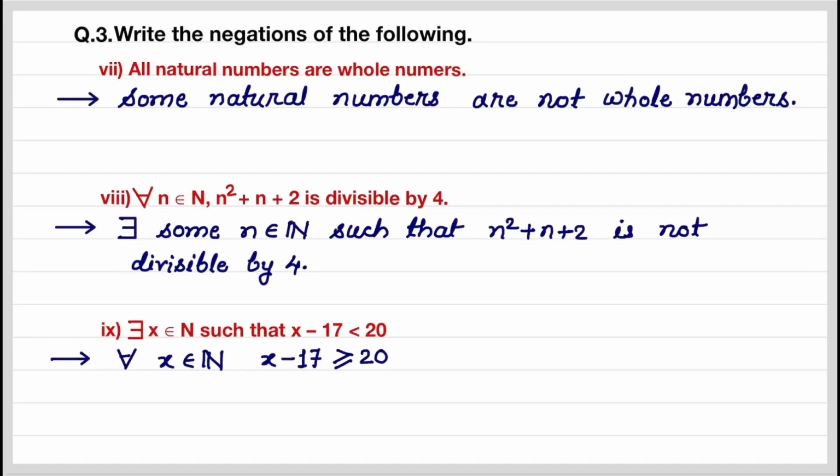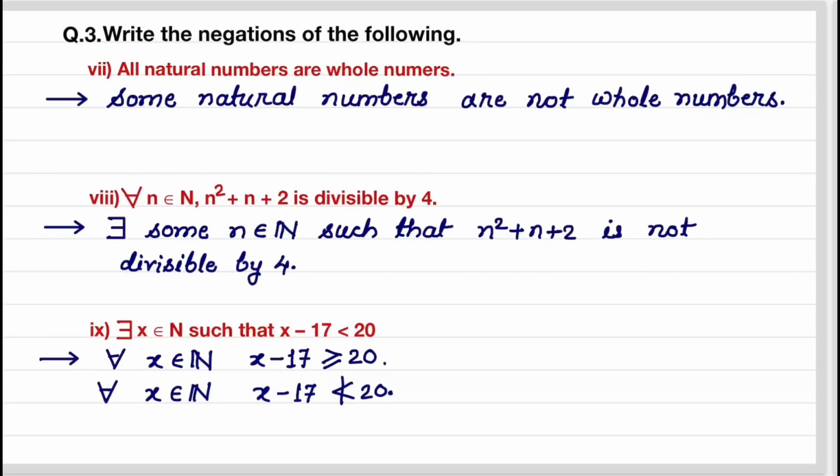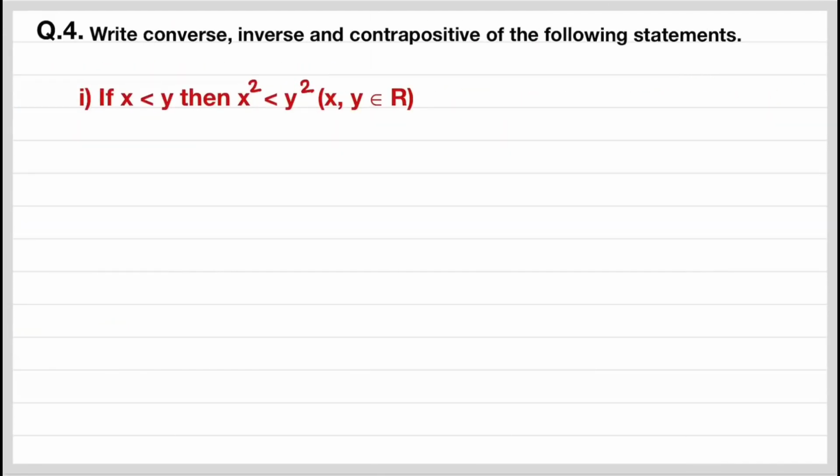Or we can write this negation as for every x belonging to N, x minus 17 is not less than 20. Each question carries 1 mark. 1 mark is also important, so remember it well.